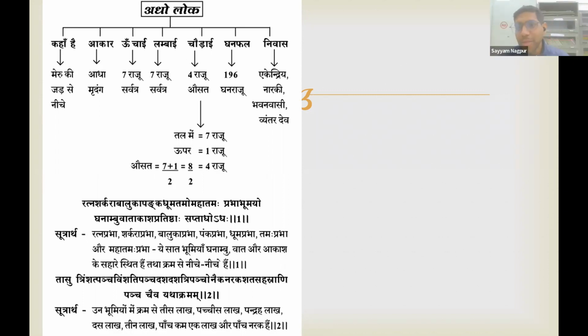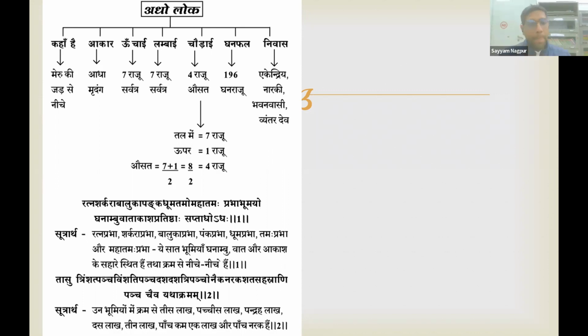Listen to me, else you will be disturbed. It is written, the 4th word is pank. That's not d, it's actually ng. So pank is what we pronounce it, right? Ratna Sharkara Baluka Pank.